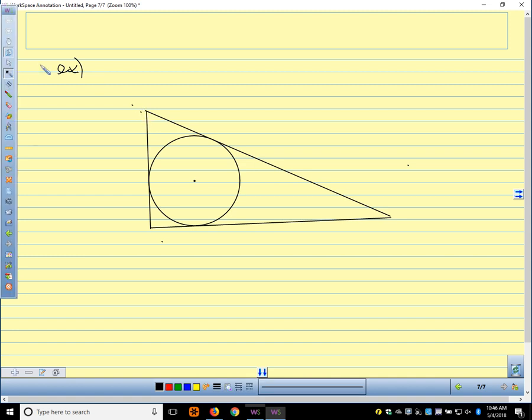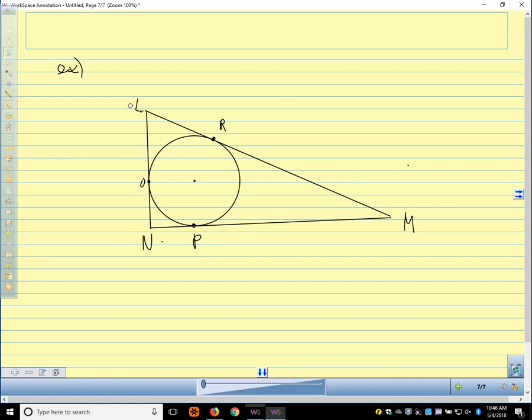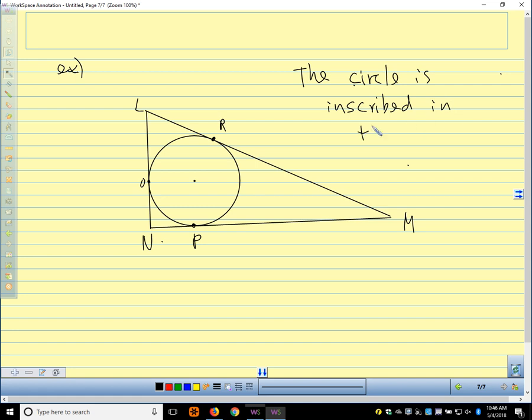And I'm going to call these points L, M, and N, and call this point O, this point R, and this point P. And the problem tells us the circle is inscribed in the triangle.